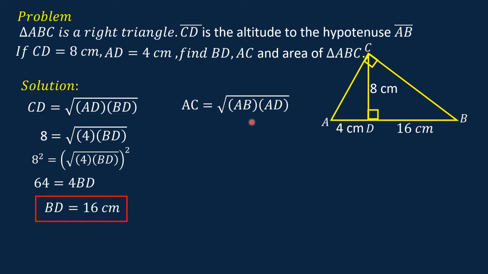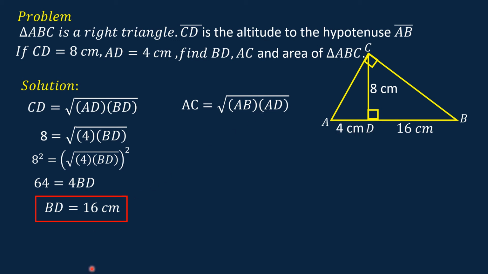We substitute 4 plus 16. 4 plus 16 is 20. This is the length of the hypotenuse AB. So we substitute 20 for AB, and then we substitute 4 for AD.